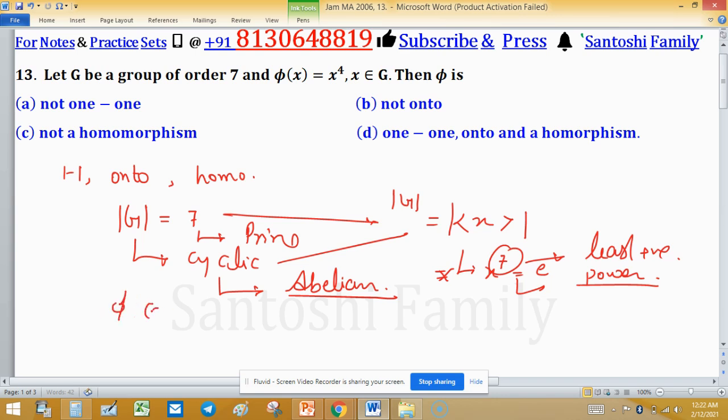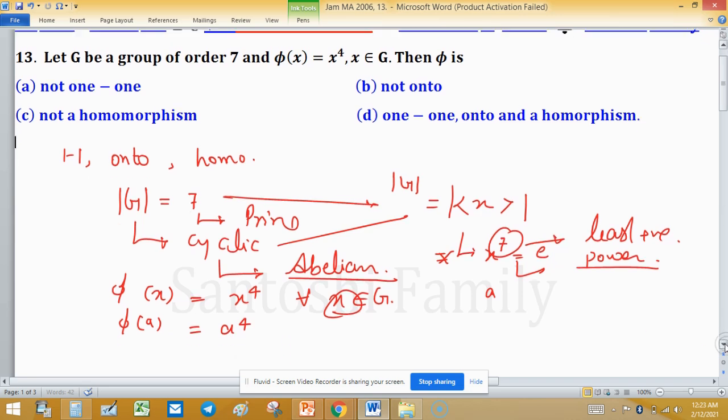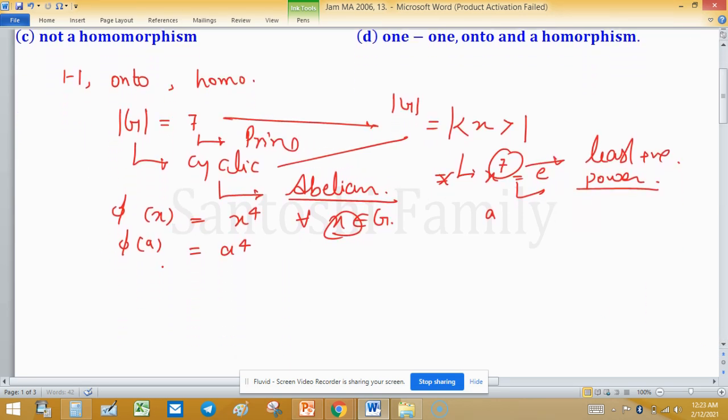As phi is given, the rule for phi is x raised to the power 4 for all x coming from G. Here x is a group element and this is the generator, so you can change the generator to A to avoid confusion. So phi(A) will be A raised to the power 4, as the expression of phi is given.